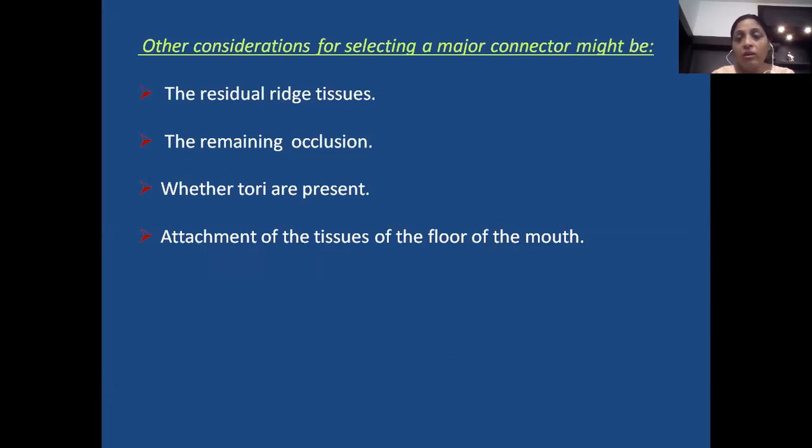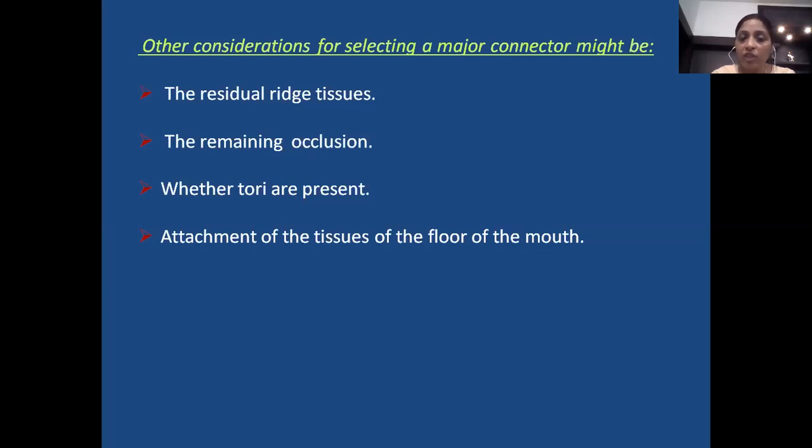So we cannot choose the major connector which covers these tori, because if we cover the tori with a major connector, especially the larger tori, then it will cause trauma to the patient, and they will act as a fulcrum point, and your prosthesis will rotate around or move over this torus. So that should be avoided. Therefore, the coverage of the tori has to be avoided. Or we can go for surgical excision of the tori, and then we can give our design of major connector.